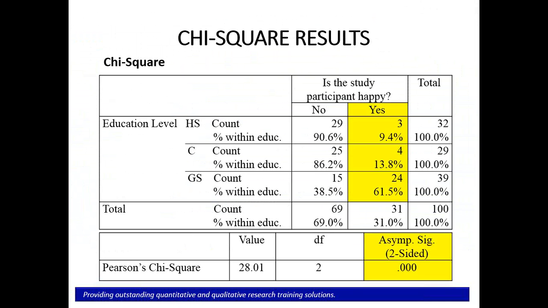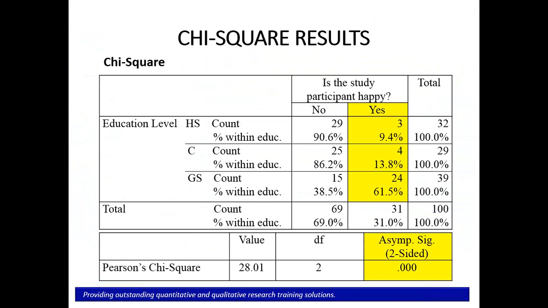So if we go up to the first box, the highlighted column is yes, in response to is the study participant happy? Yes. So now we can see the percentage of happy study participants within each group of education level. The first one is high school.